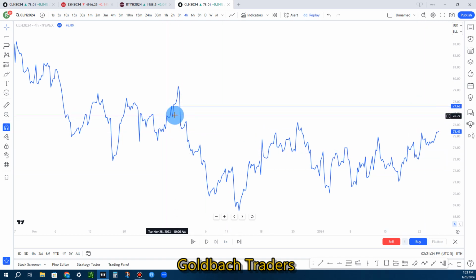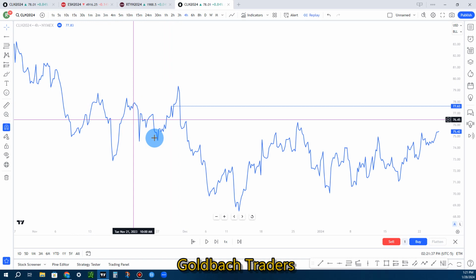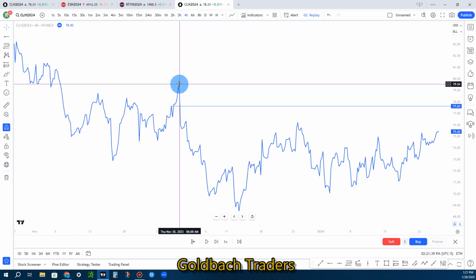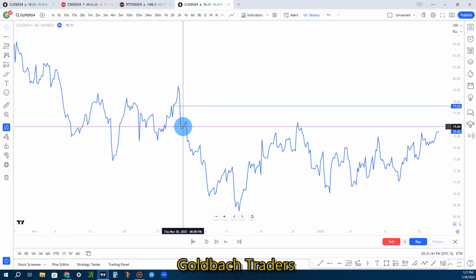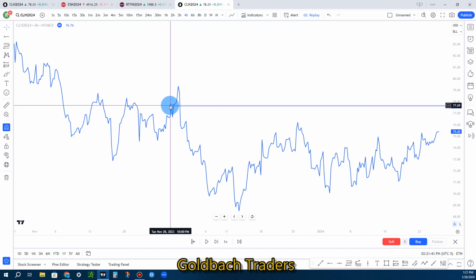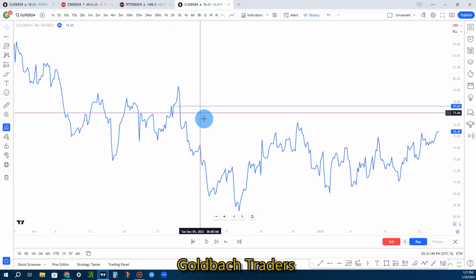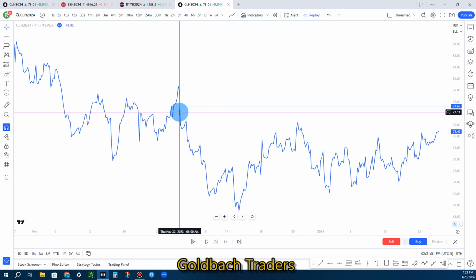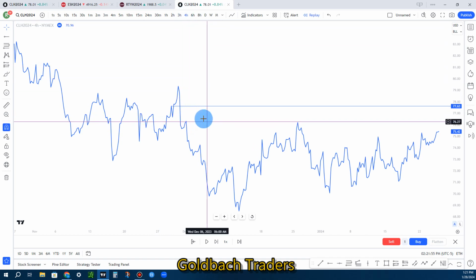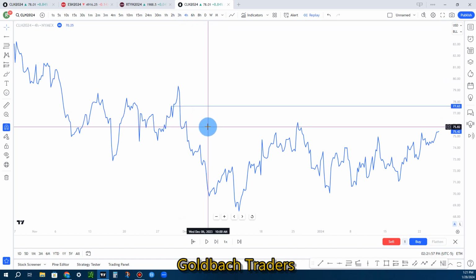The reason I picked this level and not any of these others is this had a break in structure, and it's the left shoulder that price likes to go to. That's maybe for another video, but this is just some insight on the Malaysian. We're clearly in a 4 hour time frame here, and I put it on the line chart because it's just really easy to see at that point.